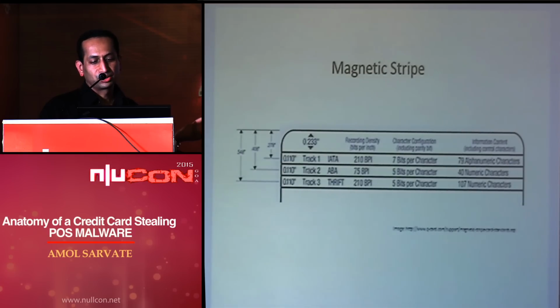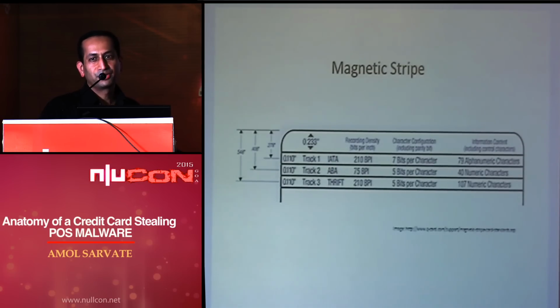So track 1 can store 210 bits per inch, and therefore 7 bits per character. What that means is on track 1 you can store 79 alphanumeric characters. Track 2 can store 75 bits per inch, which therefore means it can store 40 numeric characters.